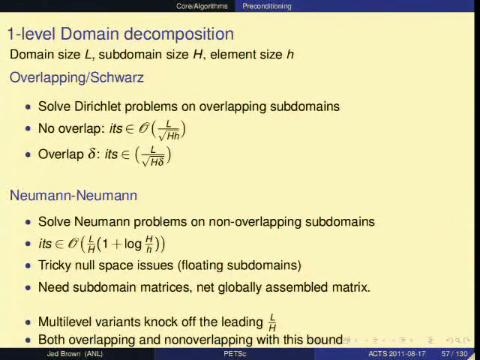So this ratio big H over little h would be like the number of elements in a subdomain, and L over big H would be the number of subdomains to get across the domain. With a one-level method, if you do no overlap, then you get these estimates on the asymptotics for an elliptic problem. With overlap, you get these sort of estimates.